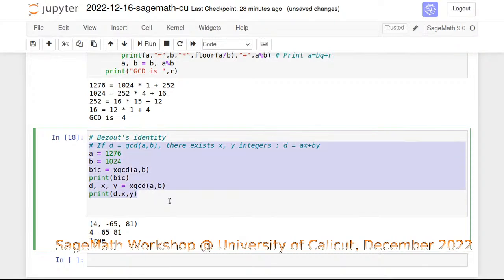So why is this useful? What is the purpose of doing all these things? Because Bezout's identity is used for solving linear Diophantine equations in two variables.